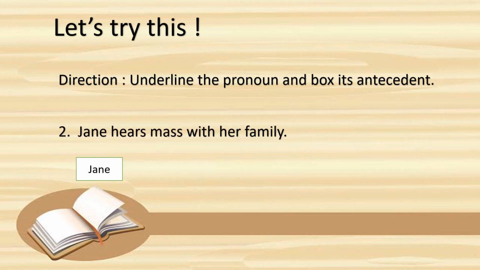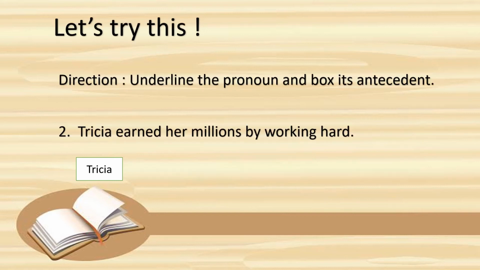Next, number 2. Jane hears mass with her family. What's our pronoun there being used? Her. Very good. Referring to our noun, Jane. So therefore, Jane is our antecedent. Very good.